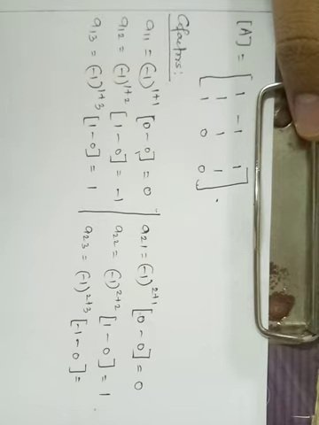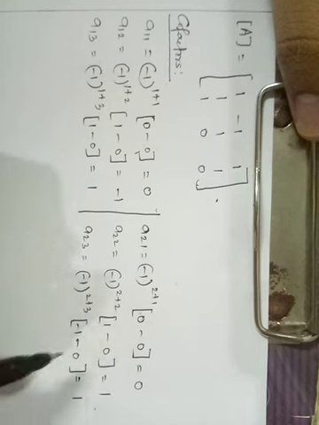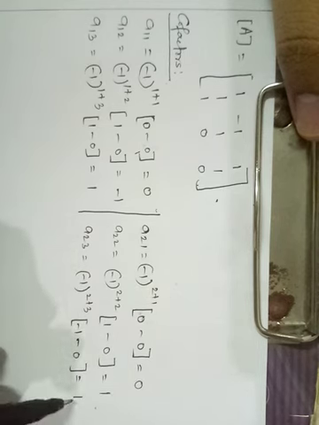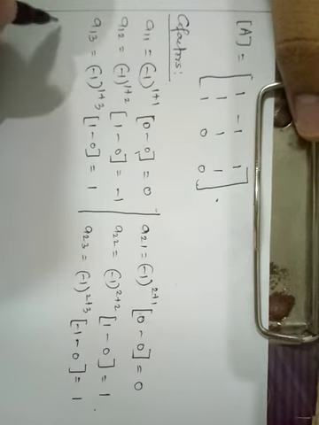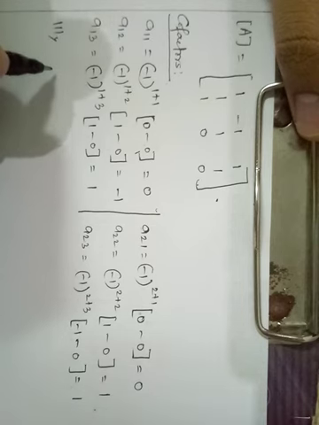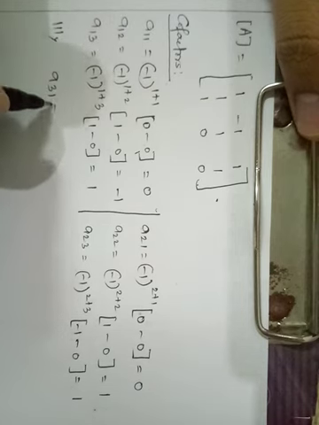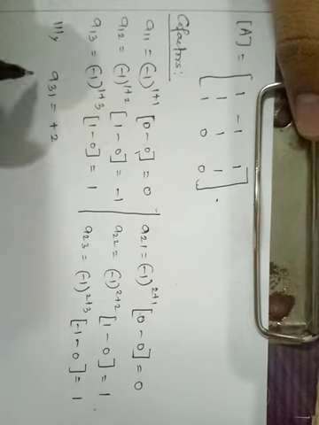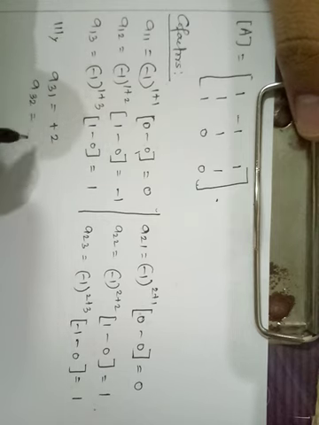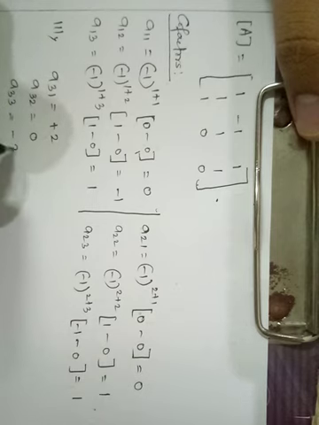So just check how much it is. A23 will be plus 1, because this minus into this minus it will be. Now similarly, if you find A31, you will get plus 2, A32 you will get 0, A33 you will get minus 2.